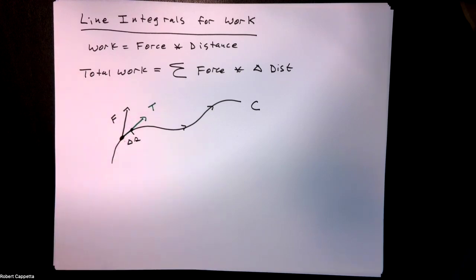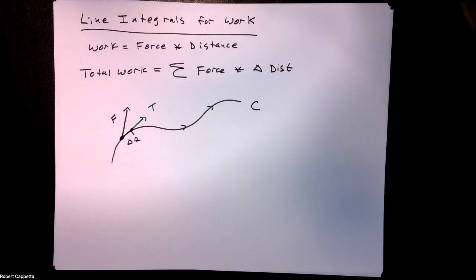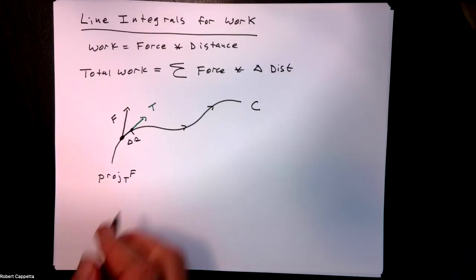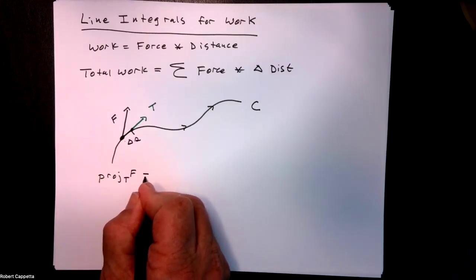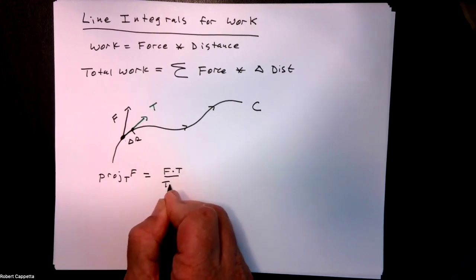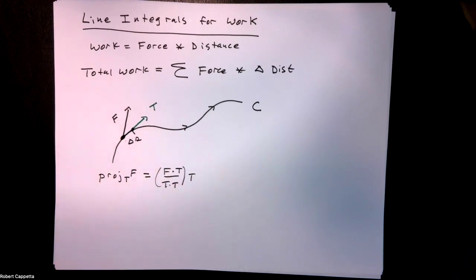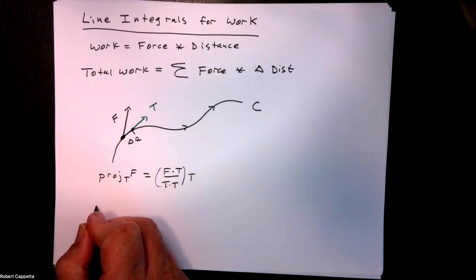So what I need to get is I need to consider the projection of F onto T and then look at its magnitude. So recalling from earlier, the projection of F onto T is F dot T over T dot T times T. Then how about the magnitude of the projection of F onto T?